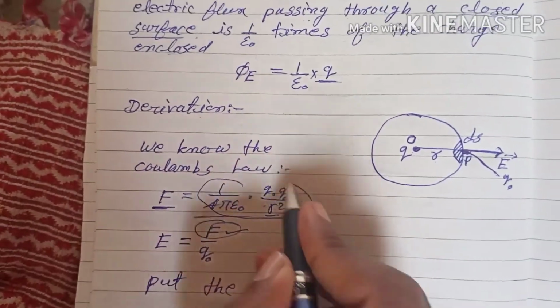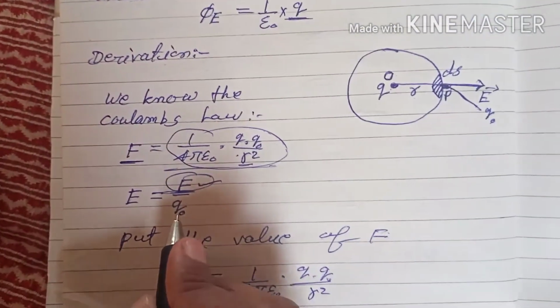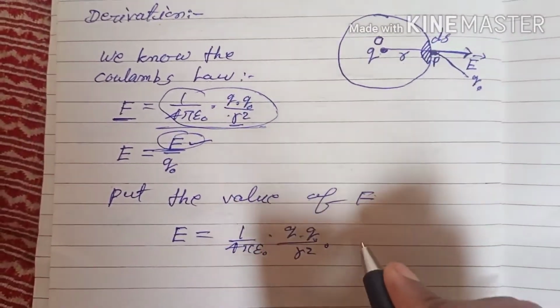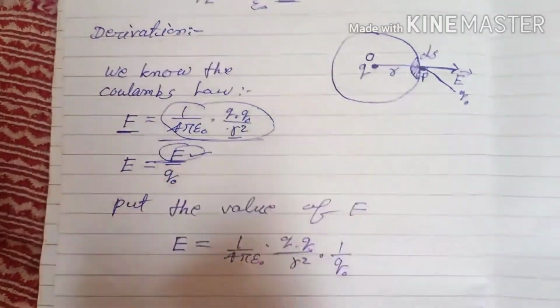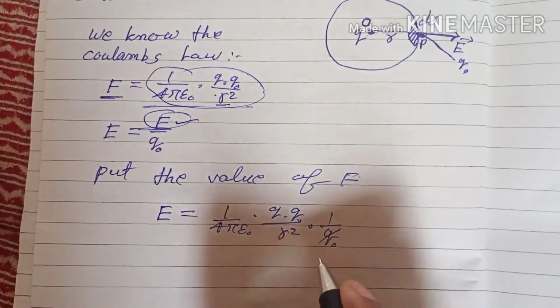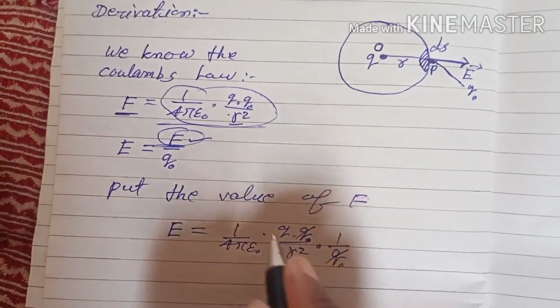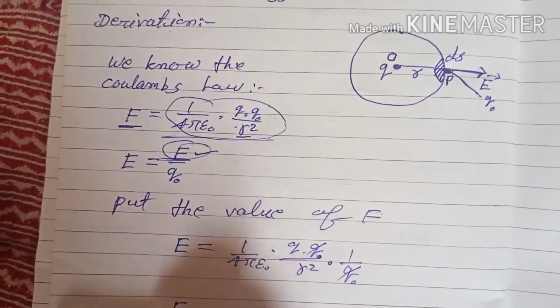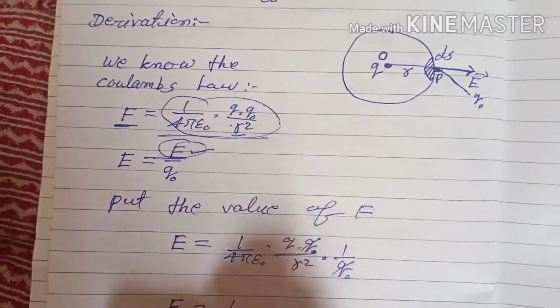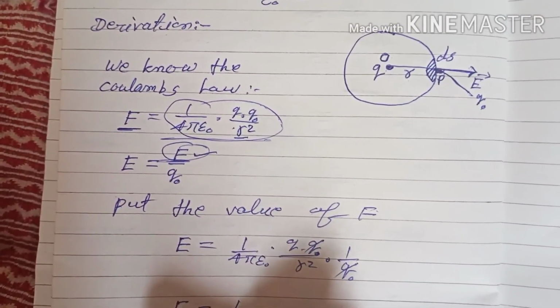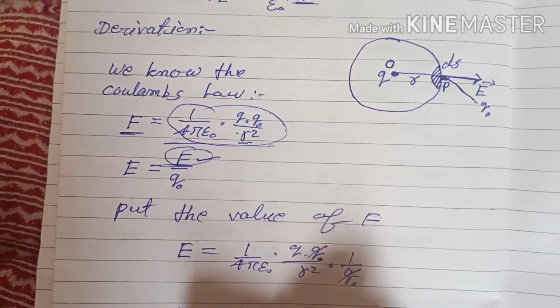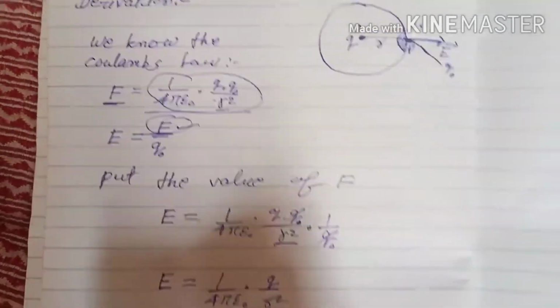That is the value of F from Coulomb's law, and this is divided by Q0. So Q0 is cancelled, and we get E is equal to 1 upon 4 pi epsilon naught into Q upon R square.